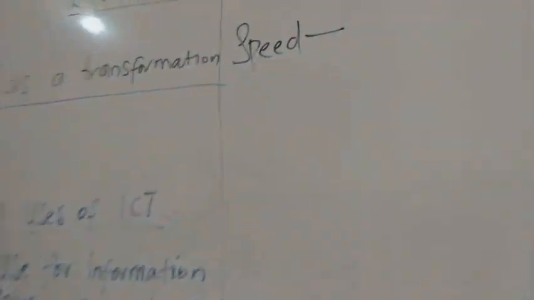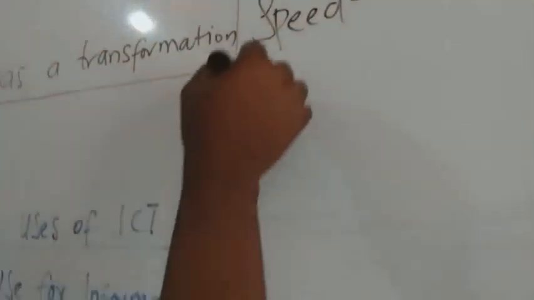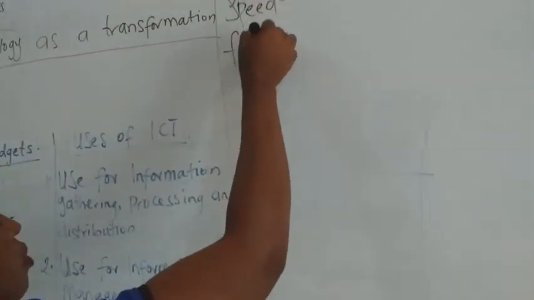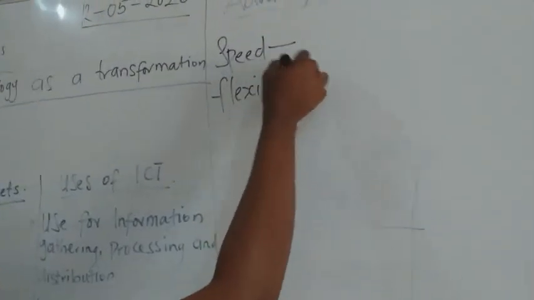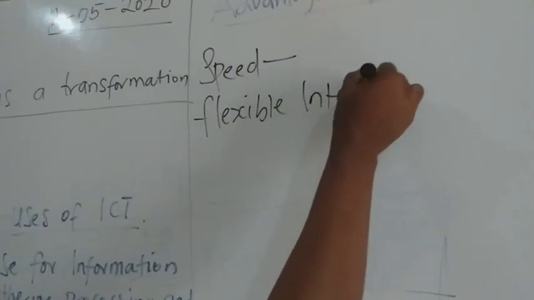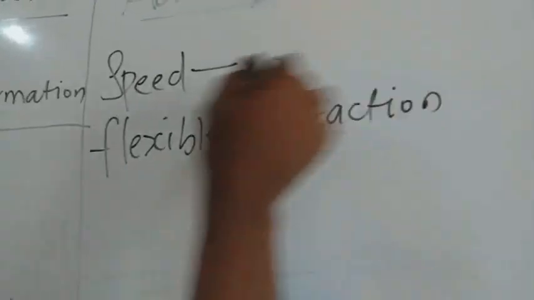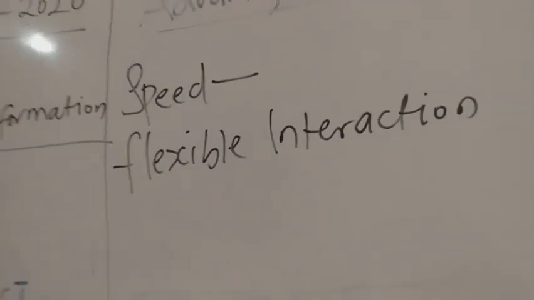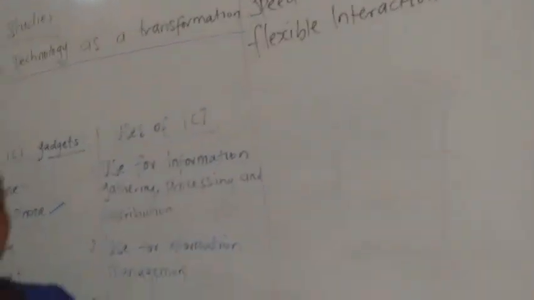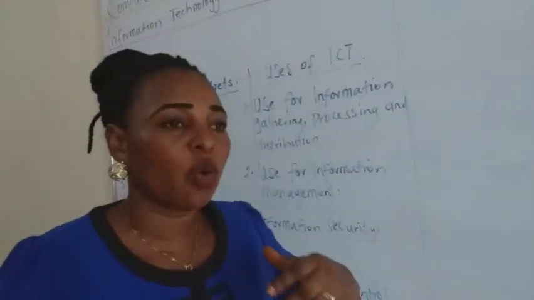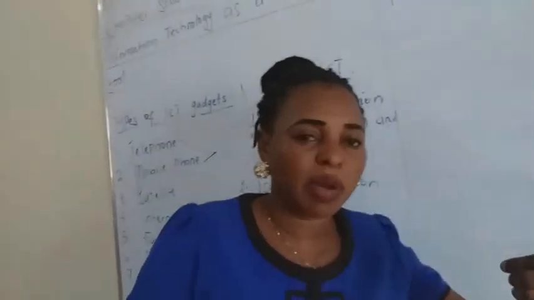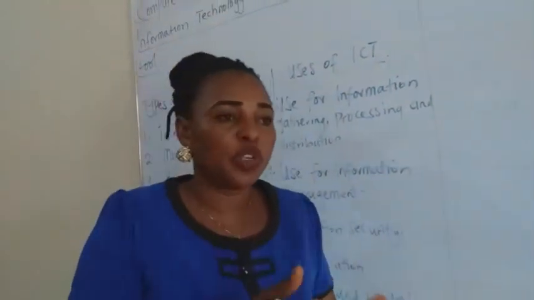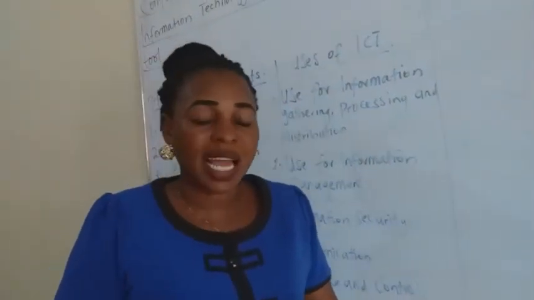Now the second one says flexible interaction. Another advantage of ICT is that it's very, very flexible. I don't want to talk to this person by voice, I want to use another medium to interact with the person, I can still use it.